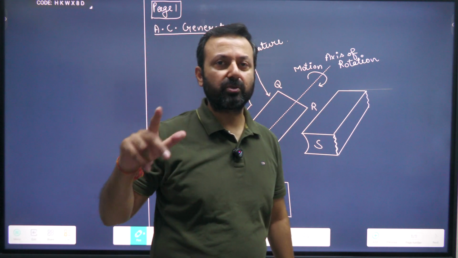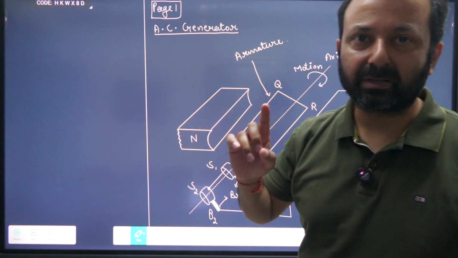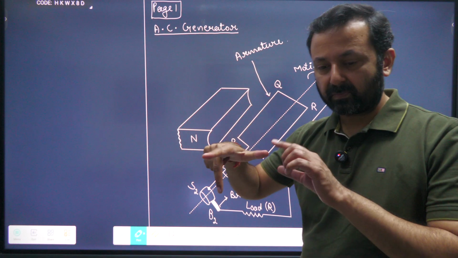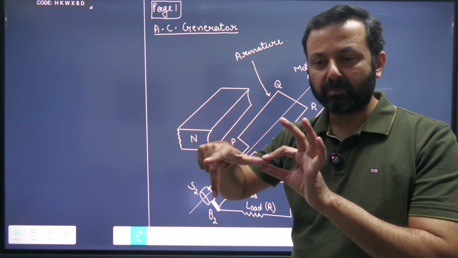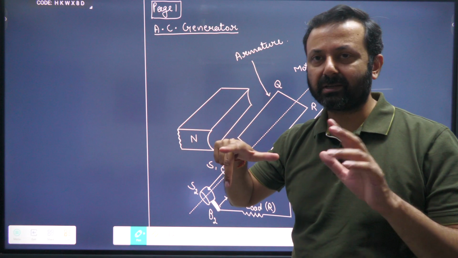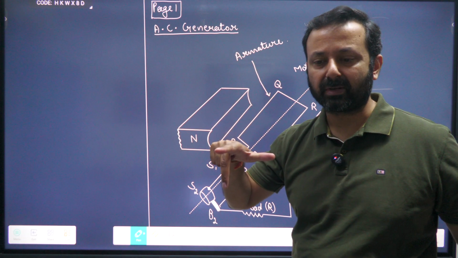Fleming's right hand rule is just like Fleming's left hand rule, but there is only one difference. The thumb represents force, the index finger represents magnetic field, as in Fleming's left hand rule.